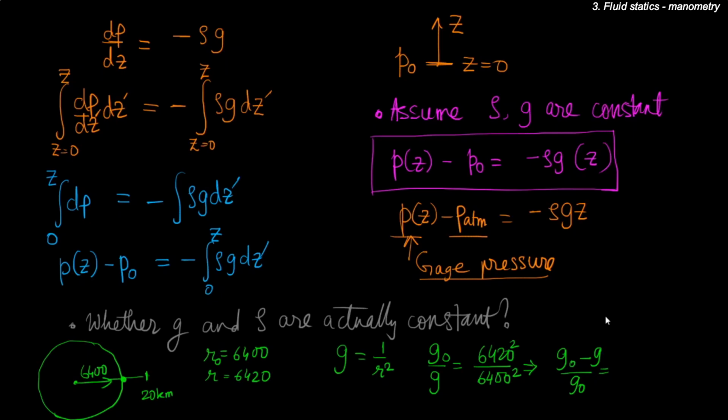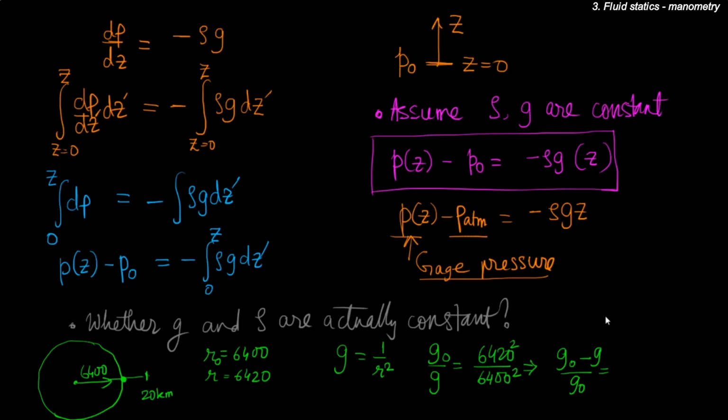It is 6420 square minus 6400 square divided by 6400 square times 100.